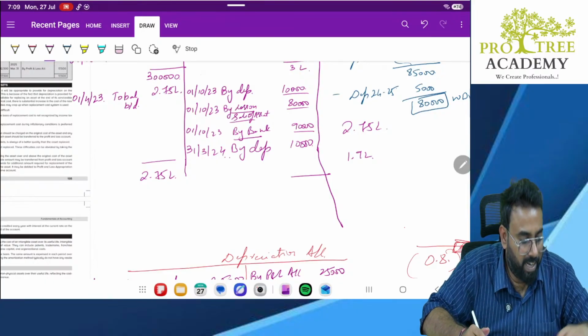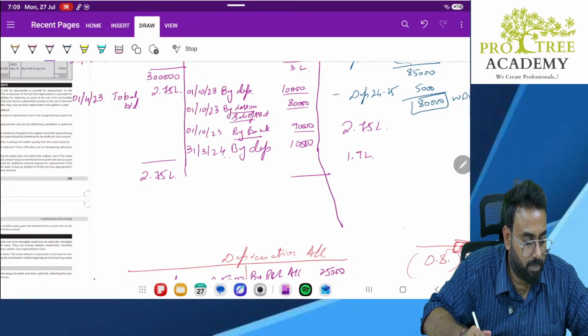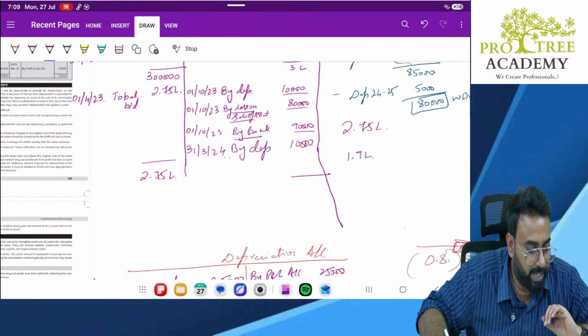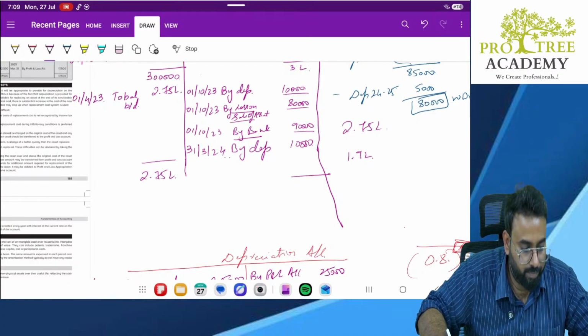So 2.75 lakh minus 1.9 lakhs. Please calculate it.